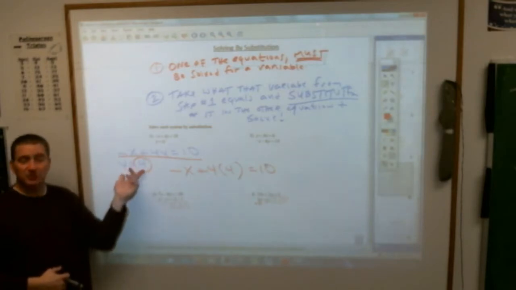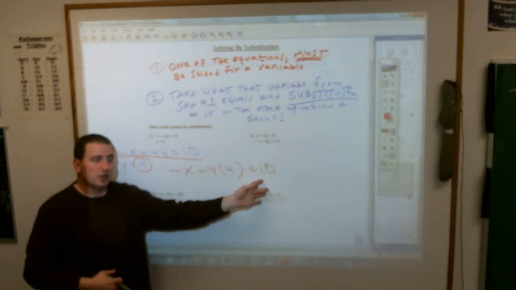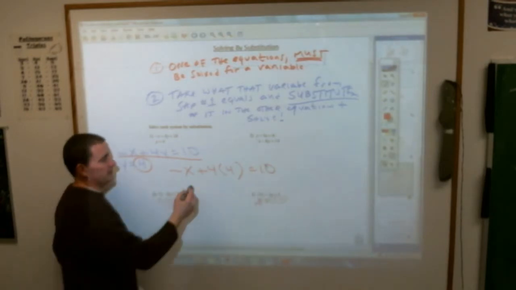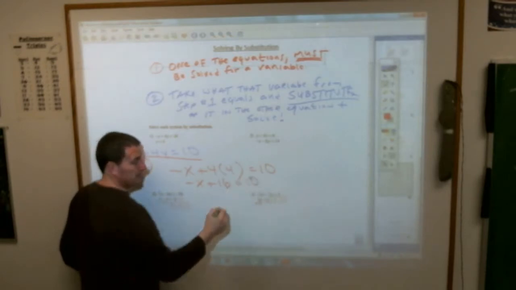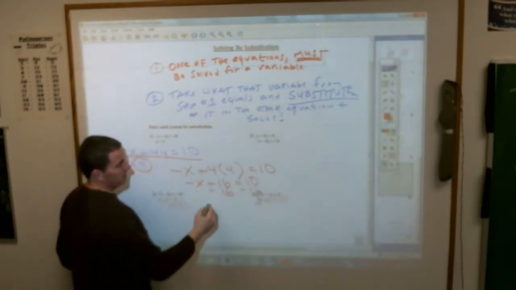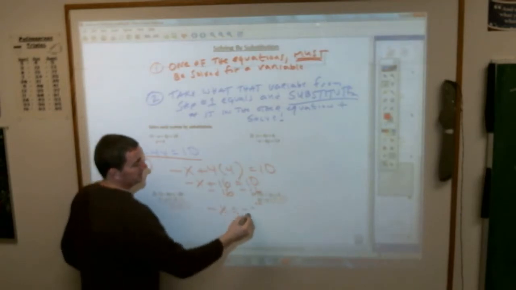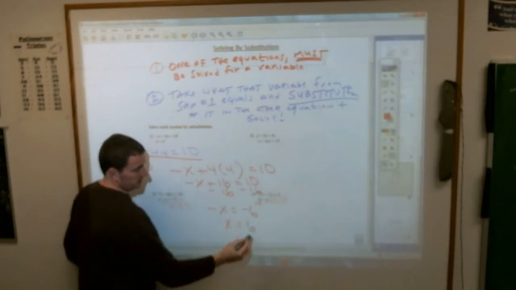What I've done by substituting out one of the variables, I only have one variable now and I can solve it for x. So I end up with this, negative x plus 16 equals 10. Subtract 16, subtract 16. So negative x equals negative 6, which means positive x equals positive 6.